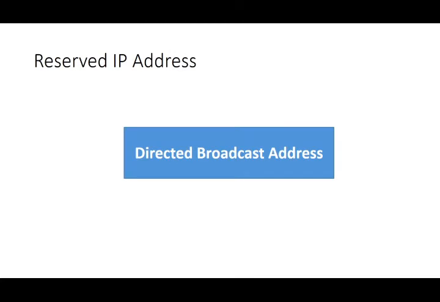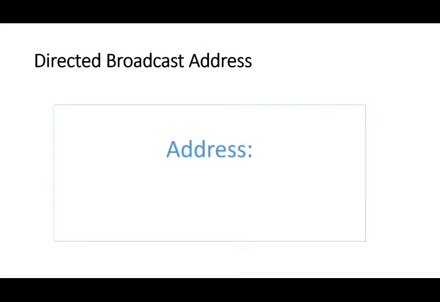Now let's talk about the directed broadcast address. If you are going to send traffic to every single device on the network, you need to either know each individual address or you need to use the broadcast address. The broadcast address is a single value where binary ones are set in the entire host portion of the address, in which case all host devices connected to the network will respond.